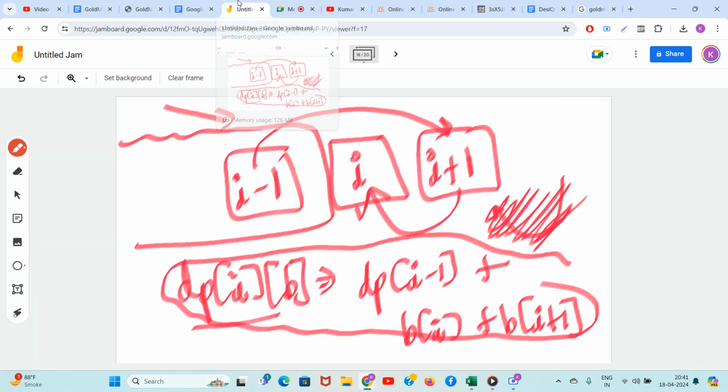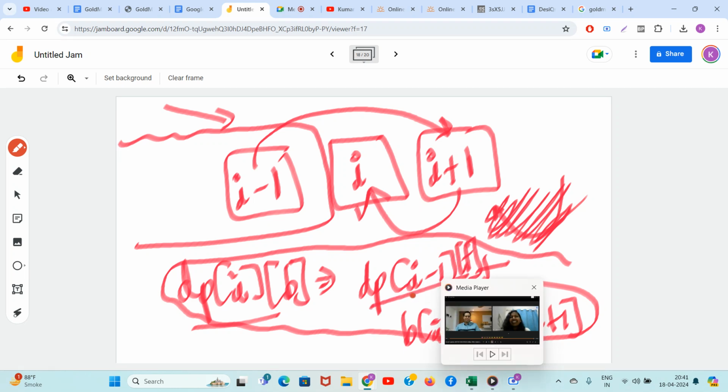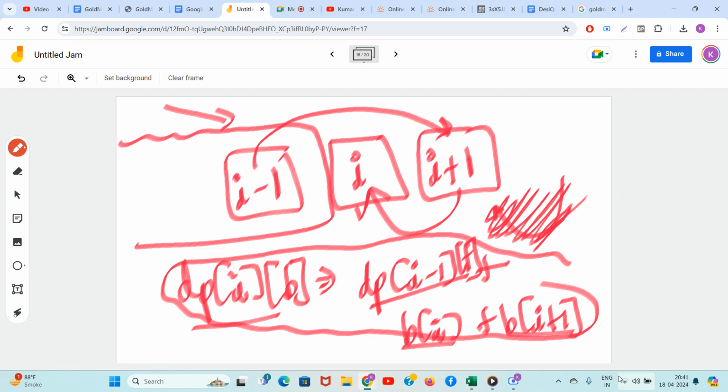But one more thing. The best answer till I minus 1, you want this one in forward fashion. So dp of I minus 1 forward plus b of I plus b of I plus 1. Why do you need it in a forward fashion? This means that when you are reaching I minus 1, you should always reach from here to here in forward fashion.